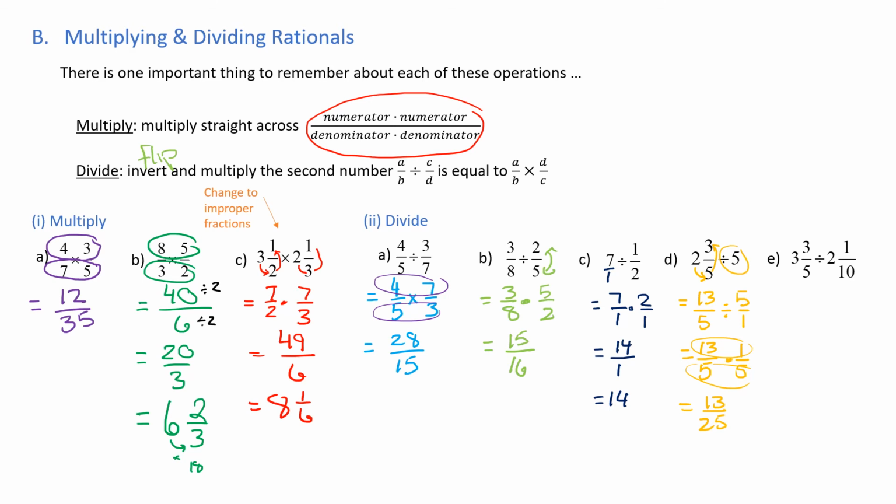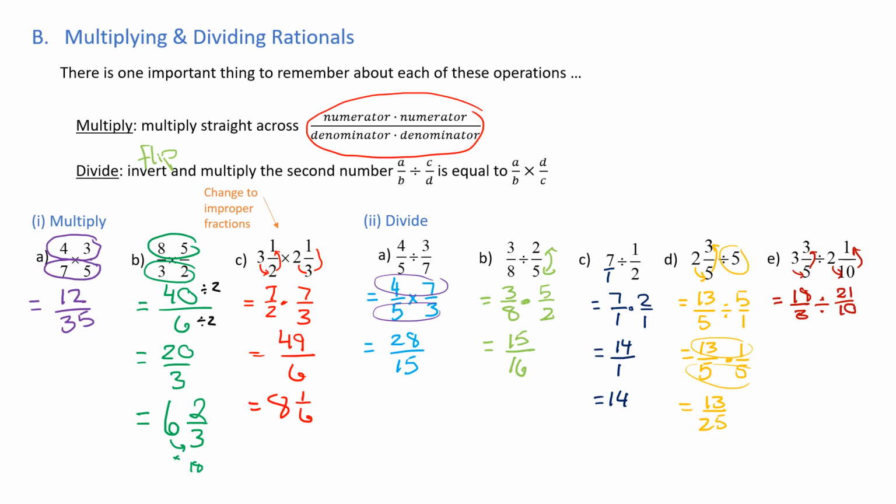My first step is to change my mixed numbers to improper. 3 times 5 is 15. Add on another 3, 18 over 3. I'm going to leave it division for one line here. 2 times 10 is 20 plus 1, 21 over 10.